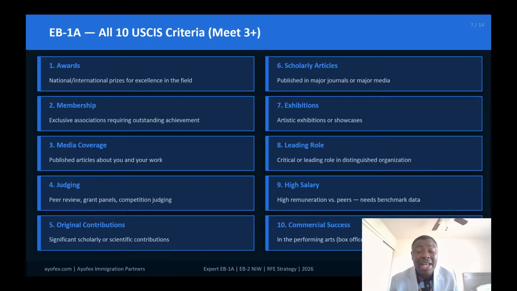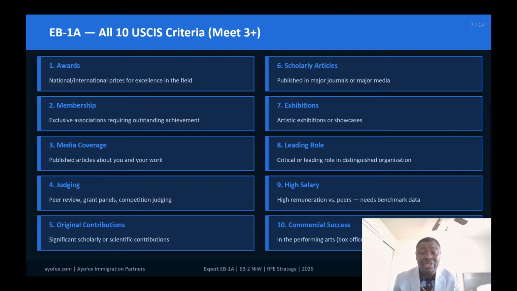The seventh criterion is artistic exhibitions or showcases, and this is mainly for people in the arts, artists, people that draw. So if your innovations or your work has been displayed at artistic exhibitions or showcases, then you can claim this criterion.